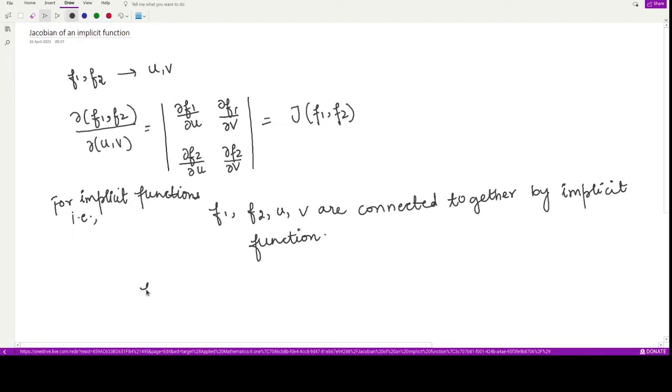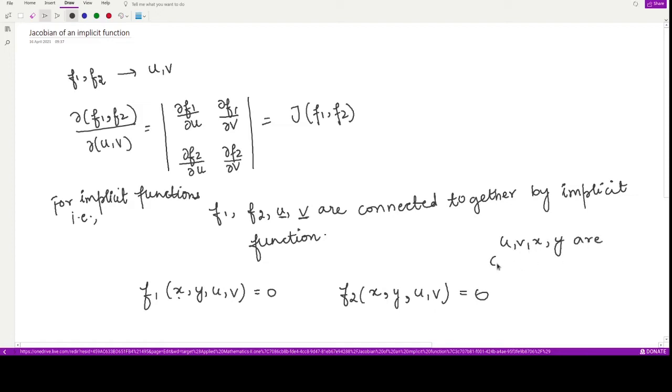So you are given f1, which is a function of x, y, u and v. That means you have four variables here, and you also have the function f2 as a function of x, y, u and v. So you have these two implicit functions, and the variables u, v, x and y are connected through the implicit relations.